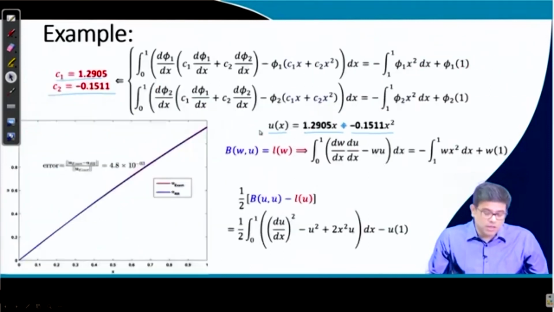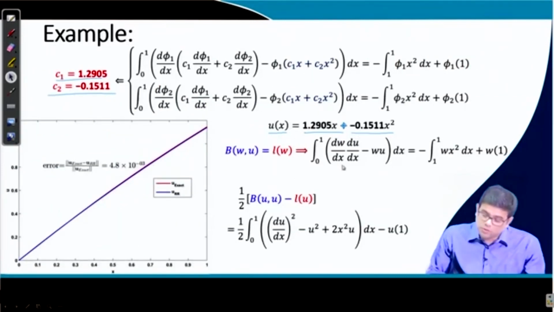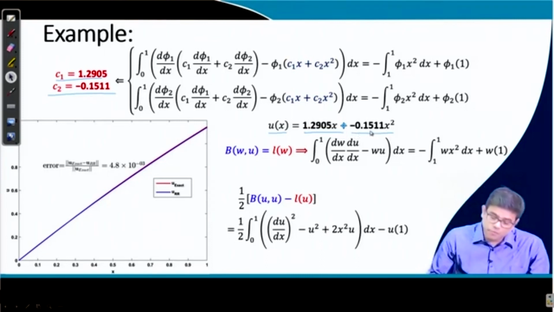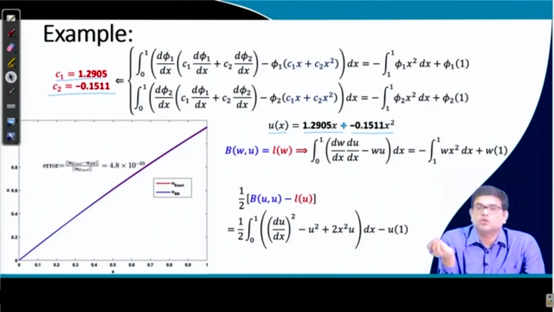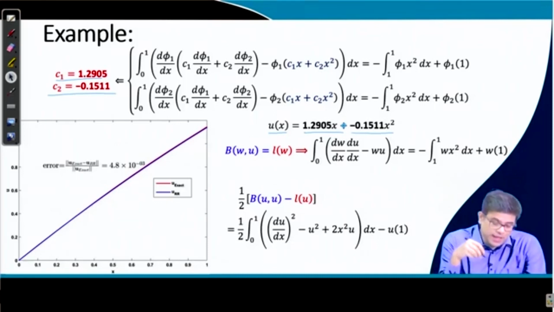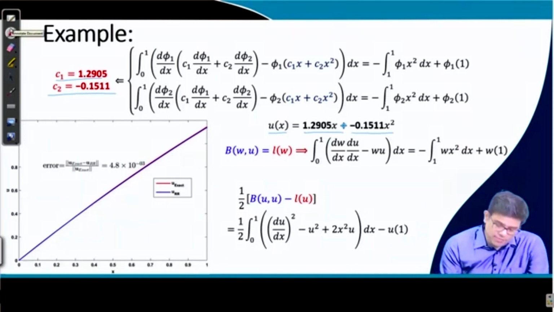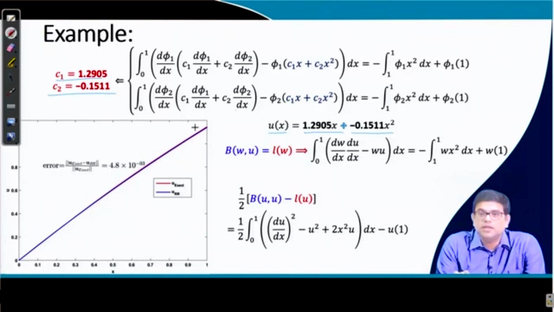Now if I plot it between 0 and 1 at some discrete points, I chose 100 points in the plotting software. If you look carefully, the exact and the Rayleigh's approximation are almost matching, so visibly there is no difference.